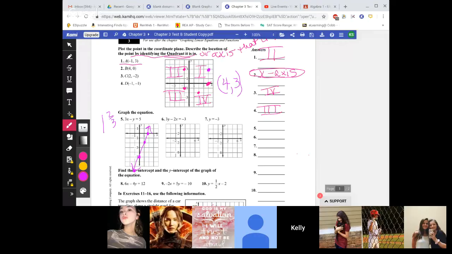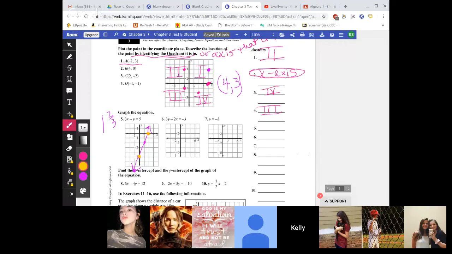So you're kind of guesstimating like I did here. I'm going to use yellow. You're kind of guessing it's going to be between 1 and 2. It's approximately 1 2/3. It's going to be somewhere in between the two, and I made it in yellow. And this is the x-intercept, and this is the y-intercept.